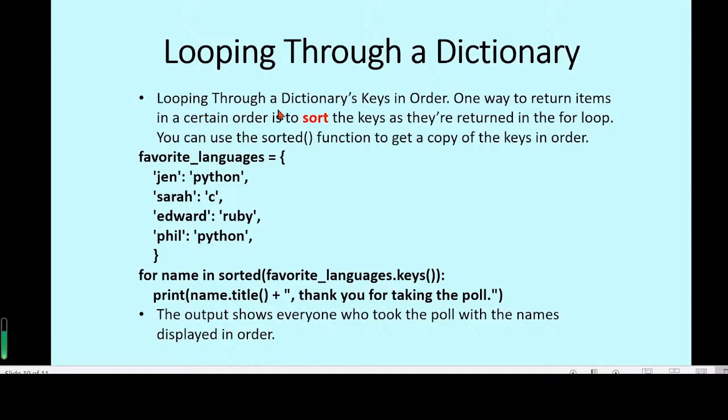You can also loop through a dictionary's keys in order. One way to return items in a certain order is to sort the keys as they are returned in the for loop. You can use the sorted function to get a copy of the keys in order. So create this list. Then we use sorted(favorite_languages.keys()), then print out.